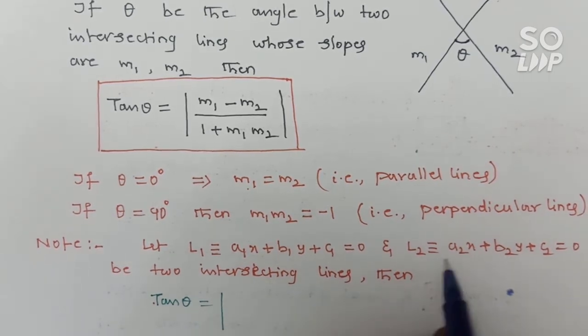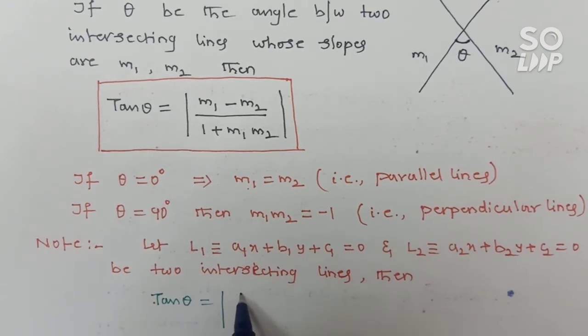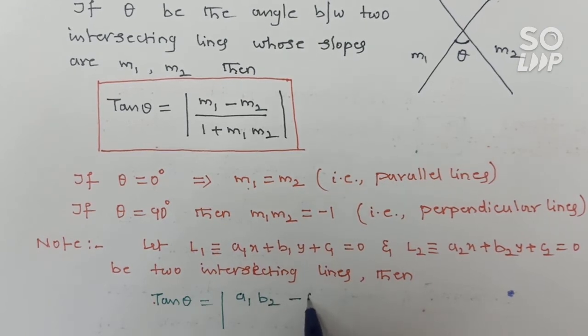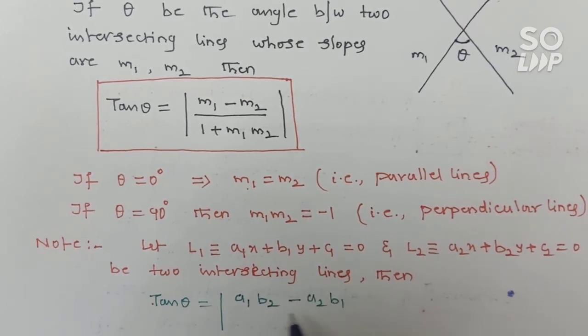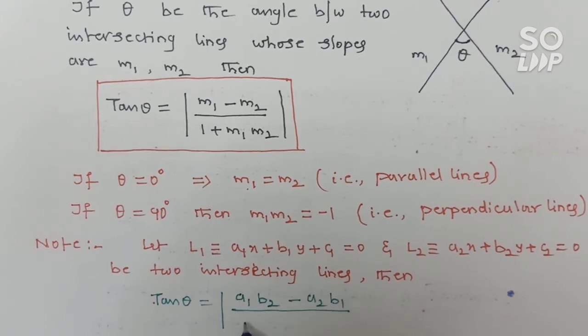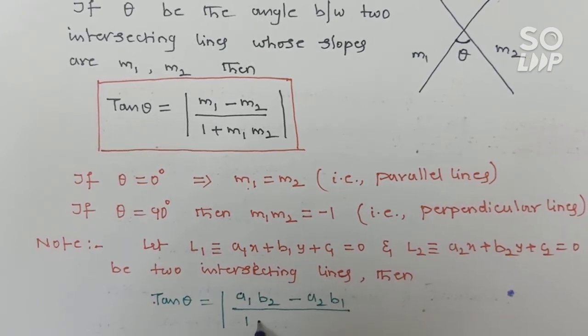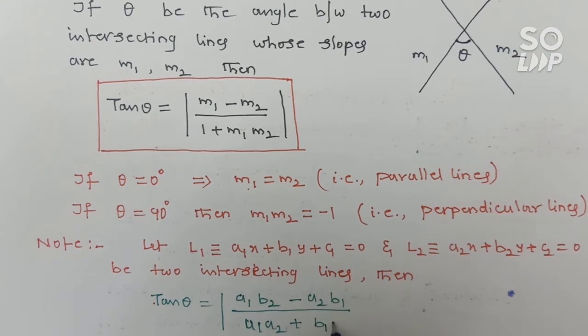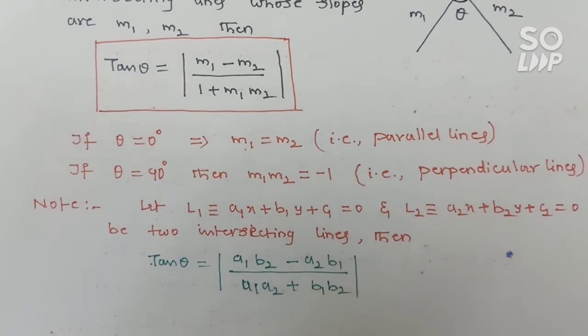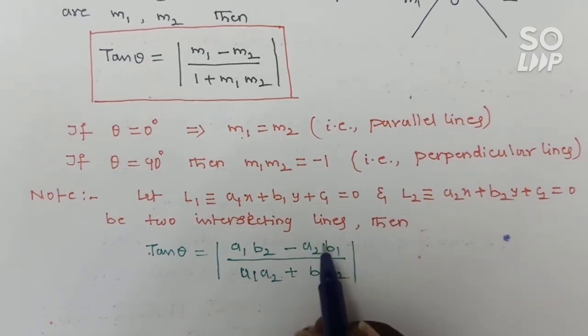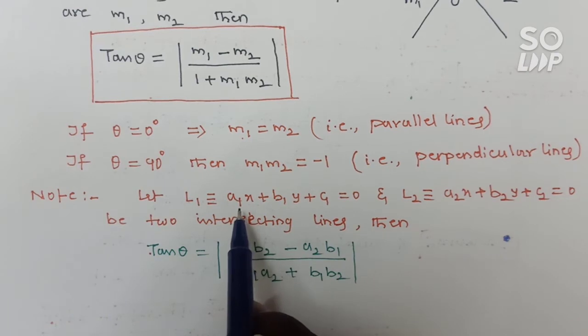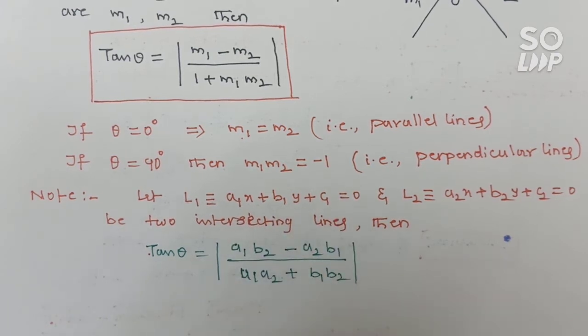By substituting both values, we will get a1 into b2 minus a2 into b1, whole divided by a1 into a2 plus b1 into b2. So this is the tan theta formula in terms of the coefficients a1, a2, b1, b2, right?